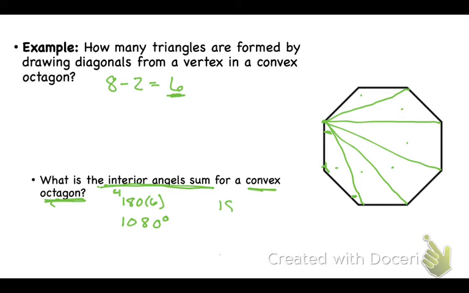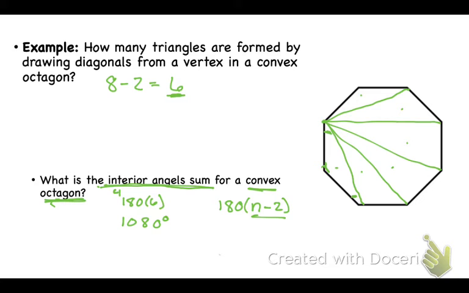So again, our formula is 180 times n minus 2. N minus 2 tells me what? N is the number of sides. What does n minus 2 tell me? The number of triangles.